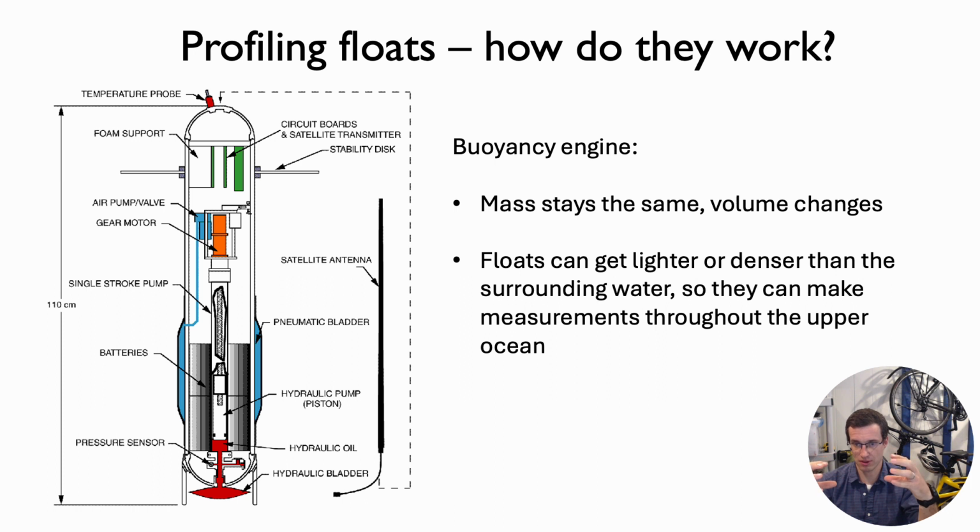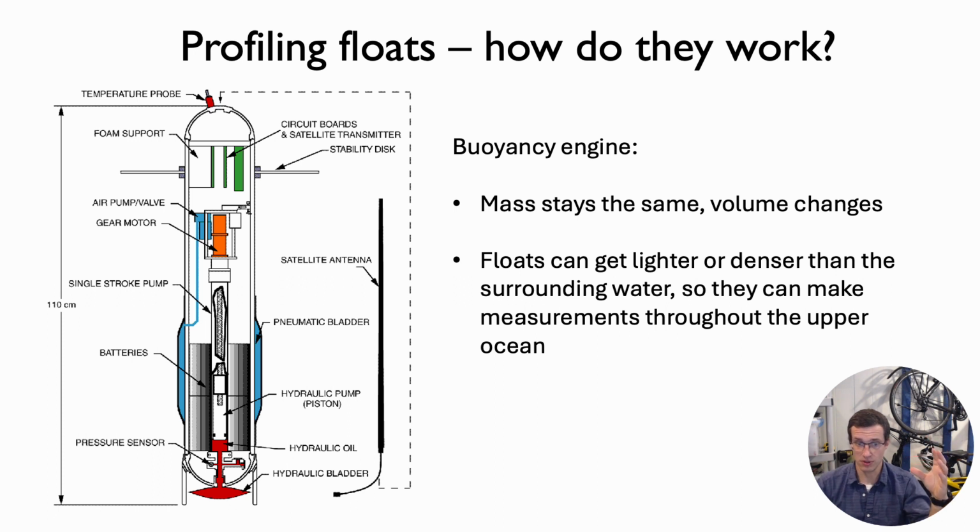So they've got a pressurized chamber, and if you pump hydraulic fluid out and inflate this bladder, then their volume will increase. If your volume is larger, but your mass stays the same, you're changing your density, right? So density is just mass per volume, and so if your mass stays the same and your volume increases, then your density goes down, and so then you're lighter, so you can come up to the surface.